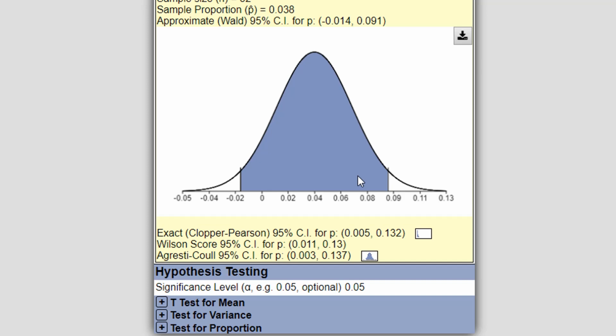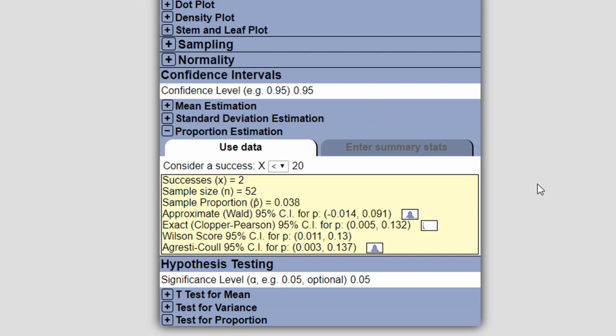The exact Clopper-Pearson confidence interval is different. Let's see, if I click on that, it should shrink down again. The Clopper-Pearson confidence interval is a little bit more precise. It's exact, but it uses a binomial random variable to model the sea turtles.